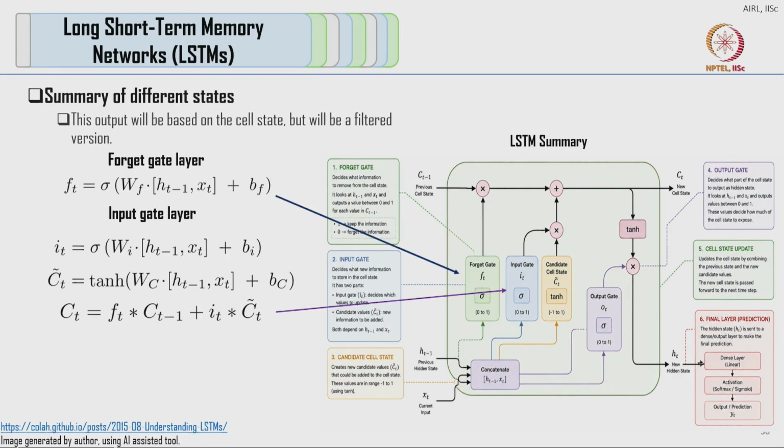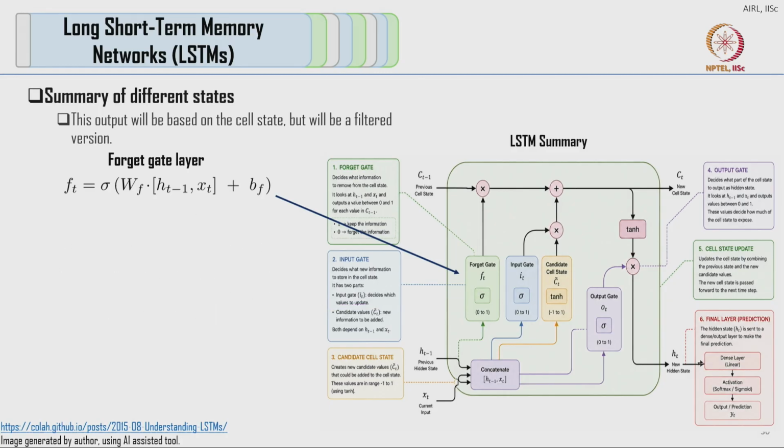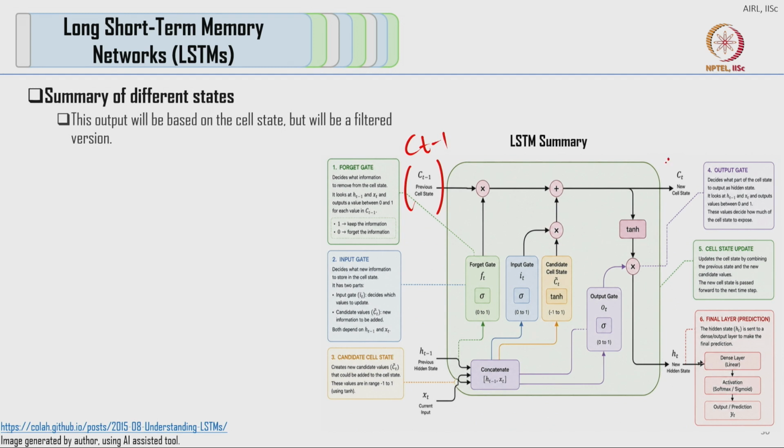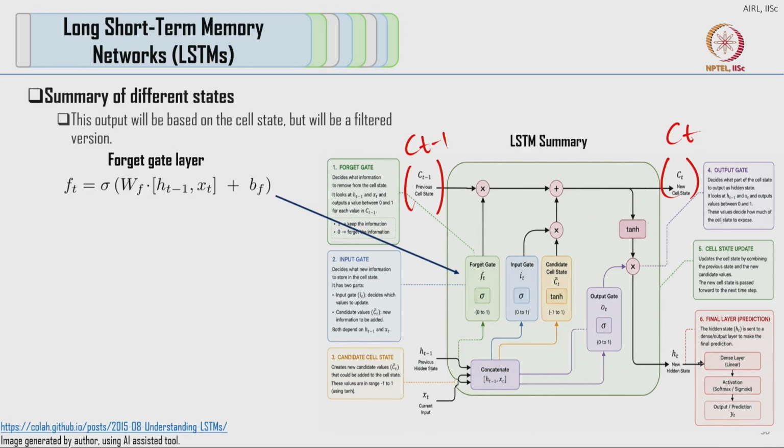Now, this is the summary of the different states of LSTM. So, as discussed, we have a cell state, and we have a previous cell state and a new cell state Ct. We have a forget gate which essentially takes an input from the previous hidden state and the current input, and it tries to focus on what to forget in the previous cell state.